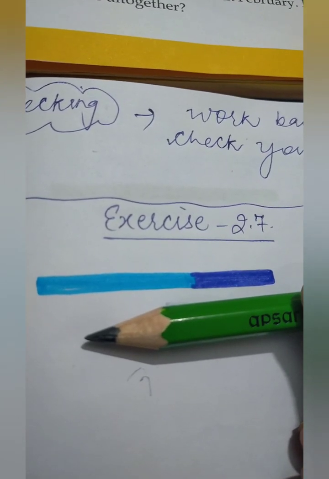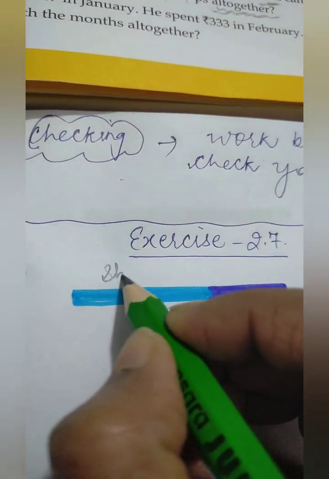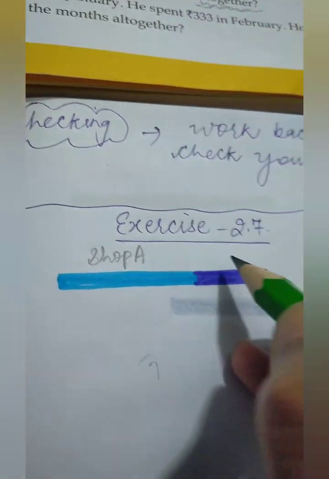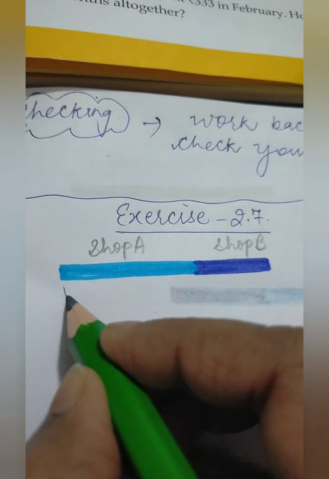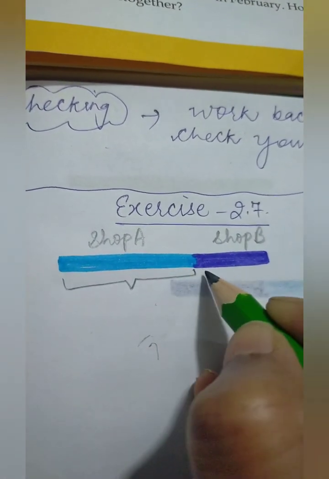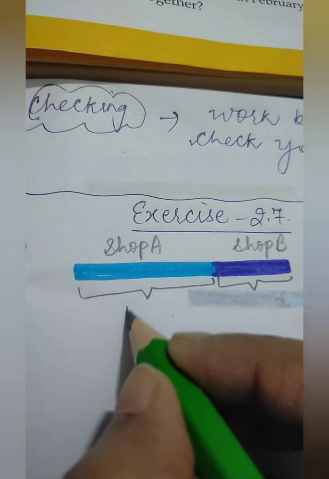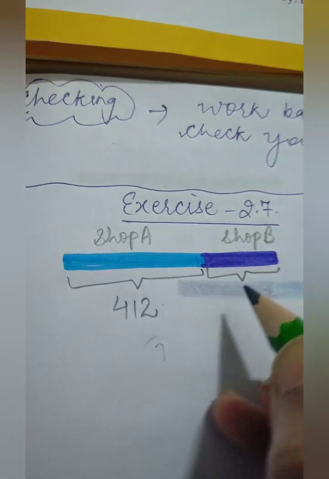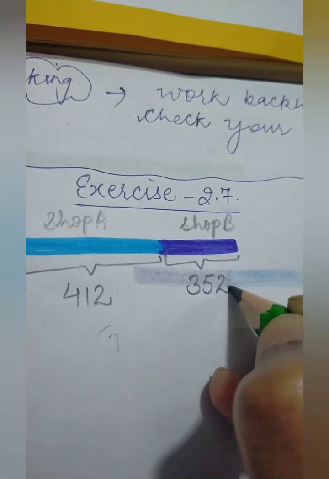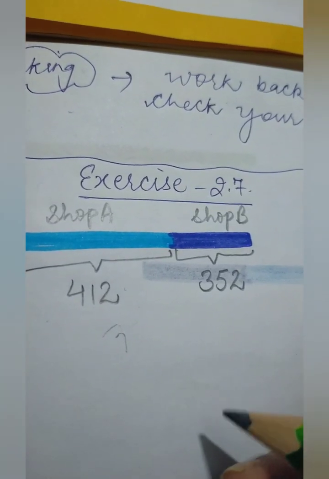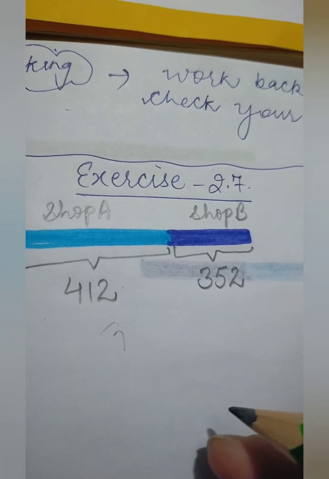See here, this is Shop A and this color represents Shop B. Shop A sold 412 cans and Shop B sold 352 cans, and we have to find out how many cans are sold by both the shops all together.